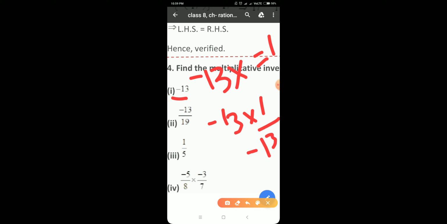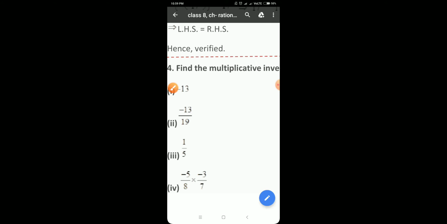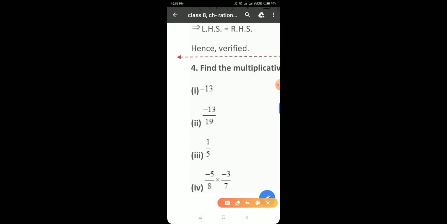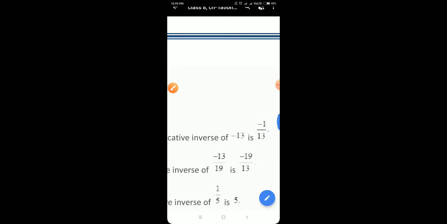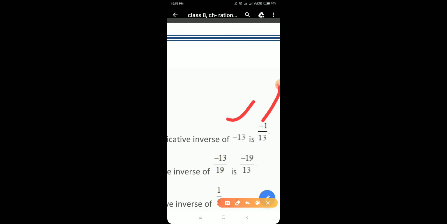You just reverse it: the numerator becomes the denominator and the denominator becomes the numerator. The number is minus 13 upon 1, so its inverse will be 1 upon minus 13. So the multiplicative inverse of minus 13 is minus 1 by 13.